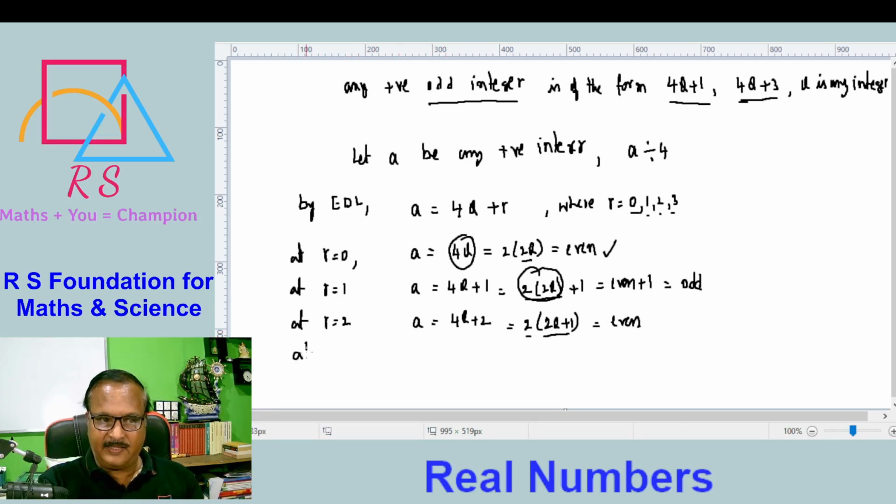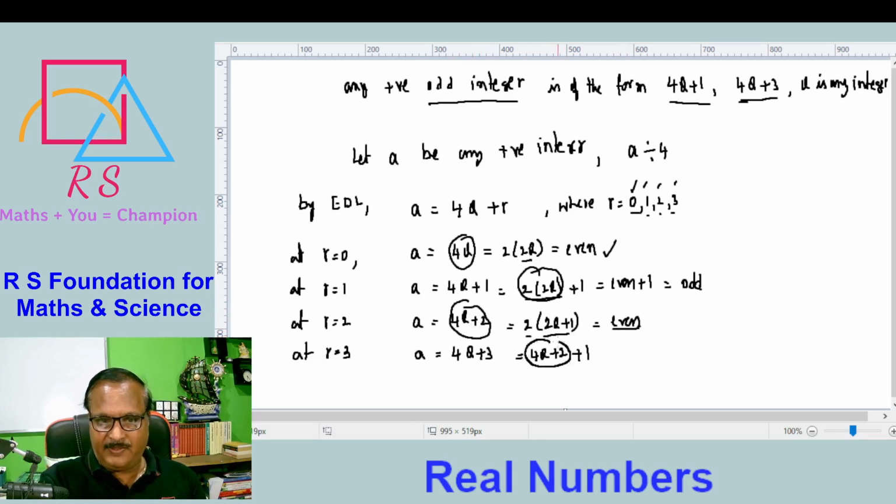Let us say at r is equal to 3, because we have taken 0, 1, 2 and 3. What happens to a? It is 4q plus 3. Let us write 4q plus 2 plus 1. Why 4q plus 2? We have already shown it is an even integer.